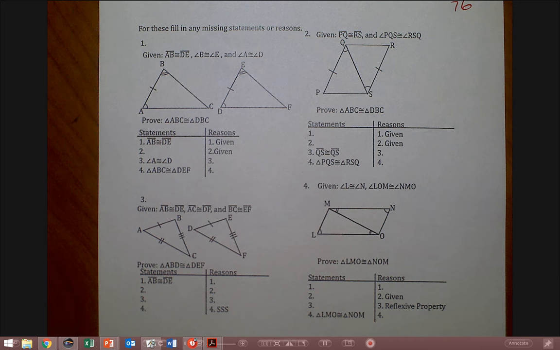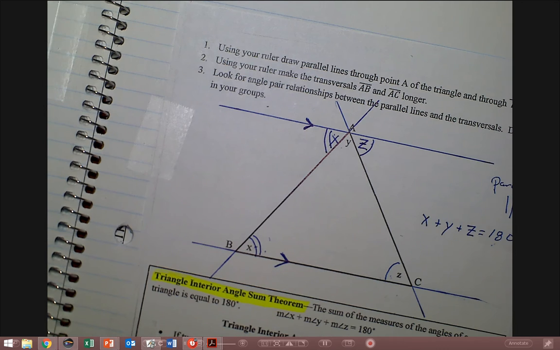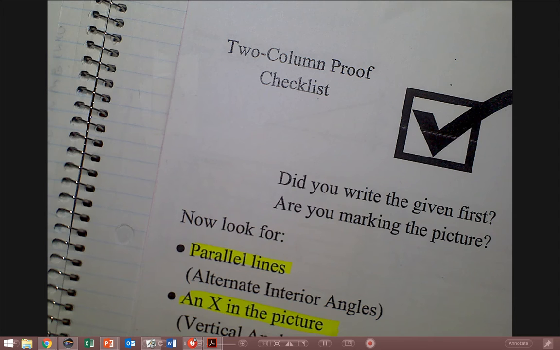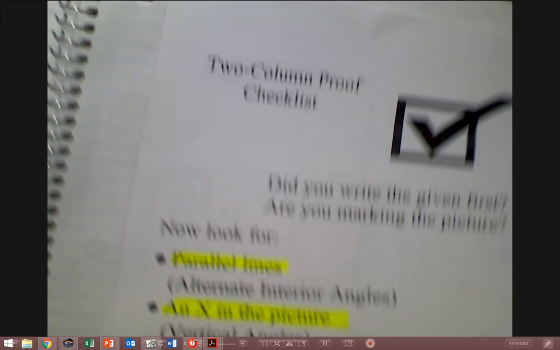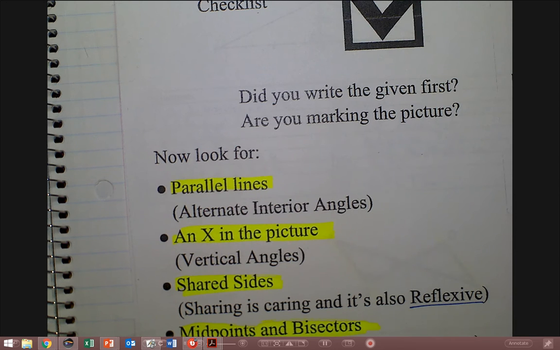So as I open up my notebook, I'm going to start on page, I think it's like 73. Okay, so it's not 73. I'm going to start right here. There is a checklist.